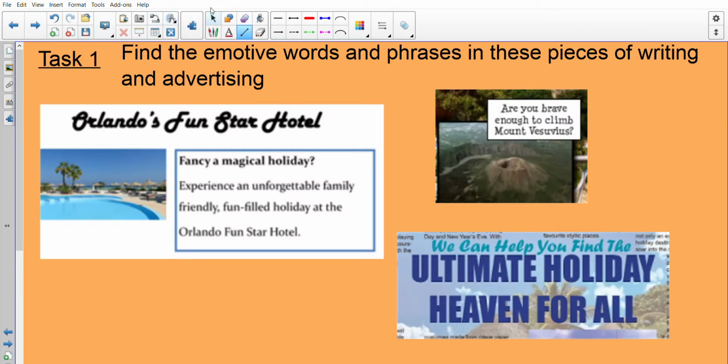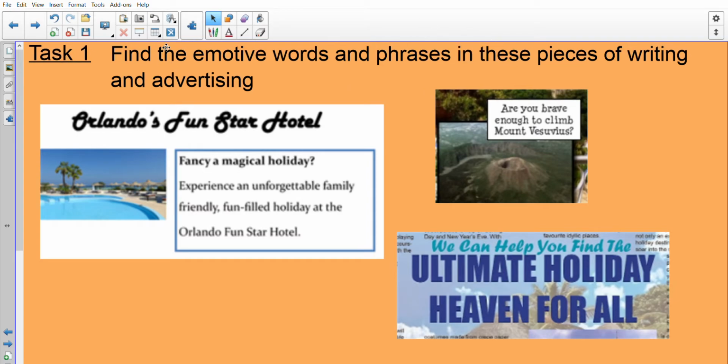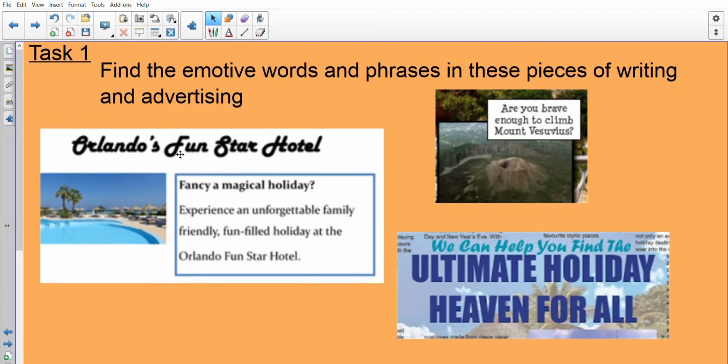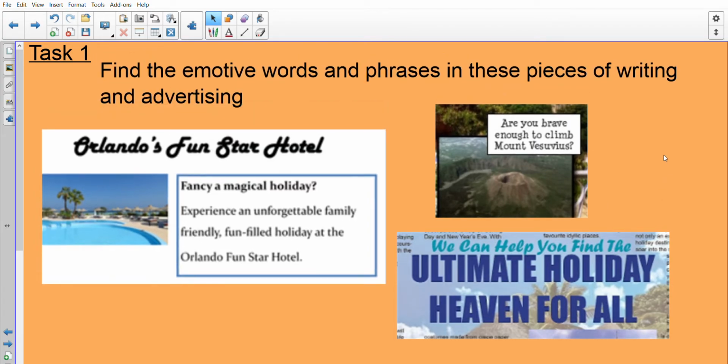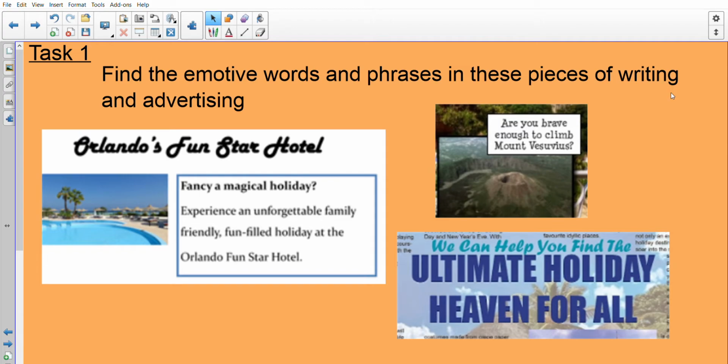So task 1 is to do with emotive language in advertising. So it's a bit different to what we just looked at just there, because ultimately we are moving towards writing a piece of persuasive writing about a holiday advert, aren't we? So have a look at this here. Orlando's Fun Star Hotel. Fancy a magical holiday?